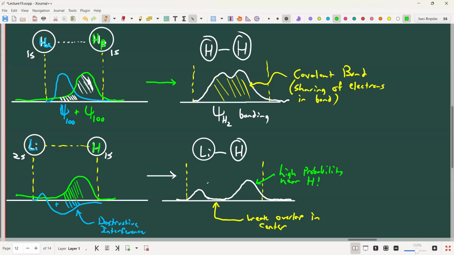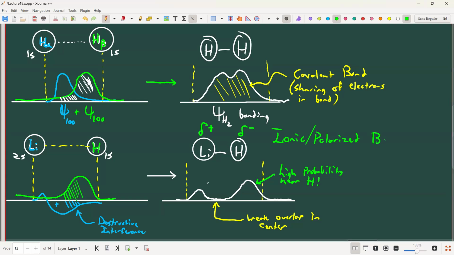What can we say about this bond? Well, it's not perfectly covalent anymore, because the electrons are not being shared evenly in the middle. The electrons have been polarized towards the H. So what would we say about this bond? Well, we would say that there's a buildup of electrons around the hydrogen and a depletion of electrons around the lithium. This is an ionic bond or a polarized bond.